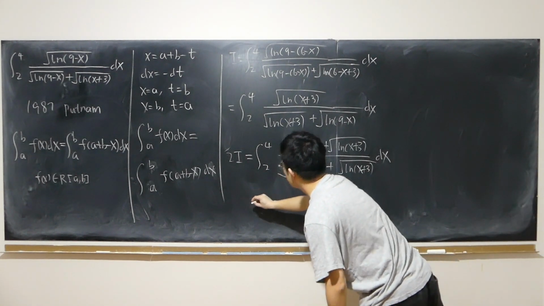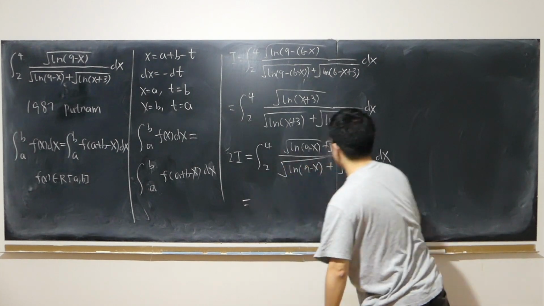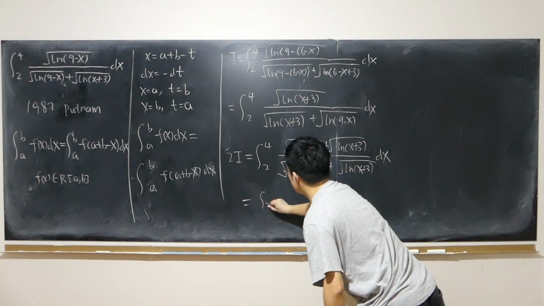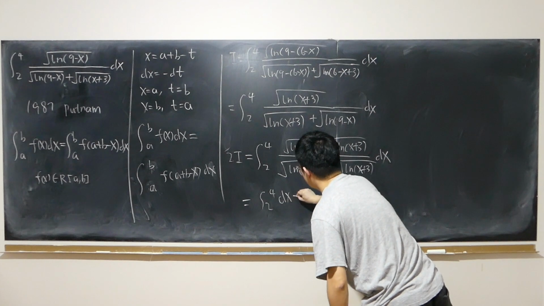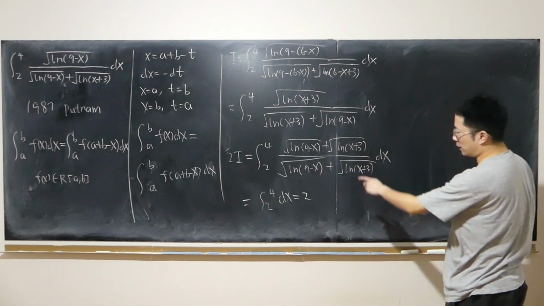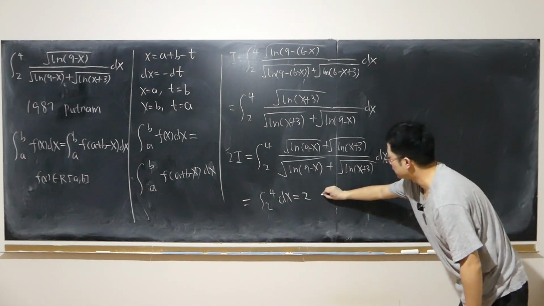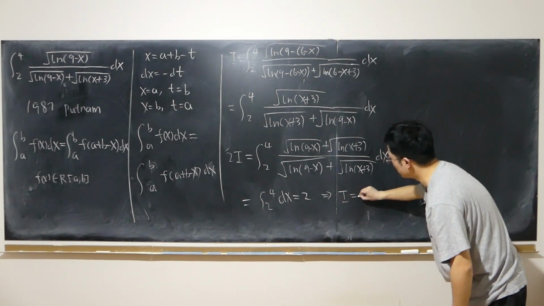That's just the integral from 2 to 4 of dx. That's 2. Twice the integral is equal to 2. Therefore, the integral should equal 1.